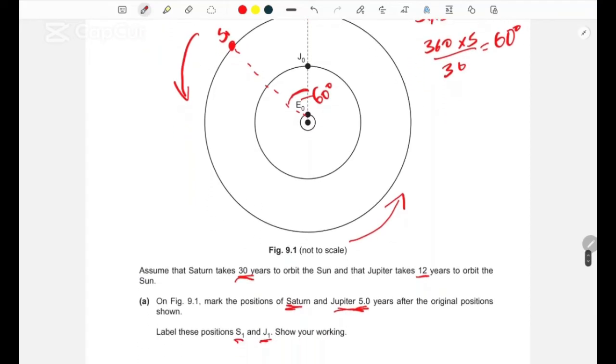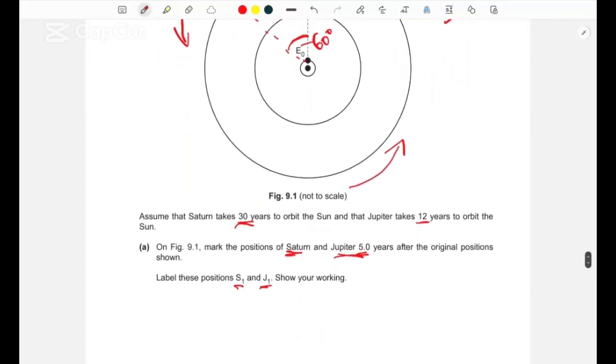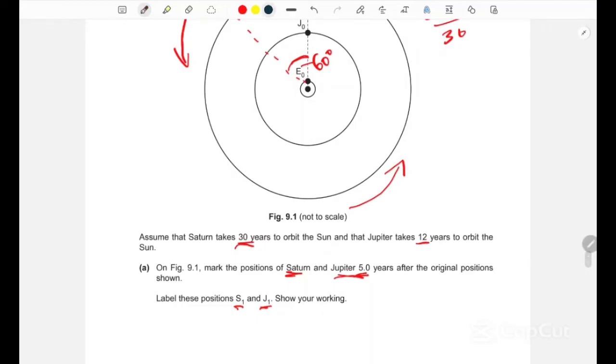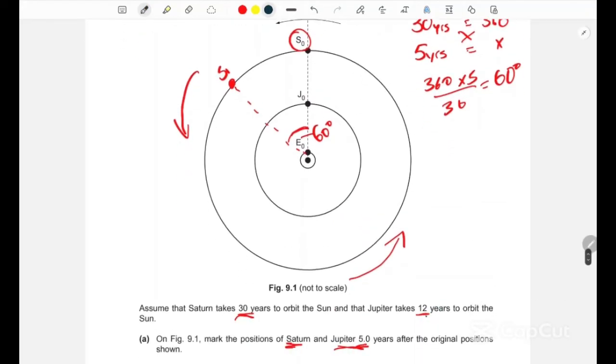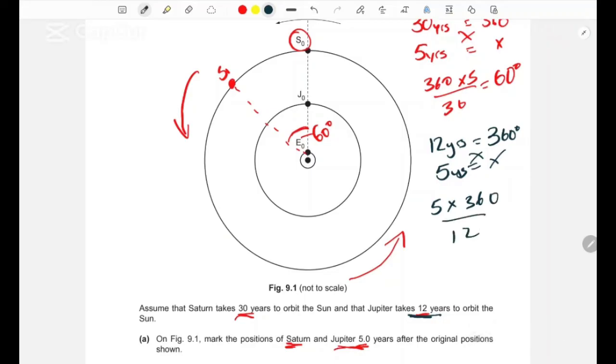For Jupiter too, we do the same. Let me use another color for Jupiter. We know that Jupiter takes 12 years. So in 12 years, it does 360 degrees, a whole circle. That means in 5 years, it would do X. So it would be 5 times 360 over 12, which becomes 150 degrees.